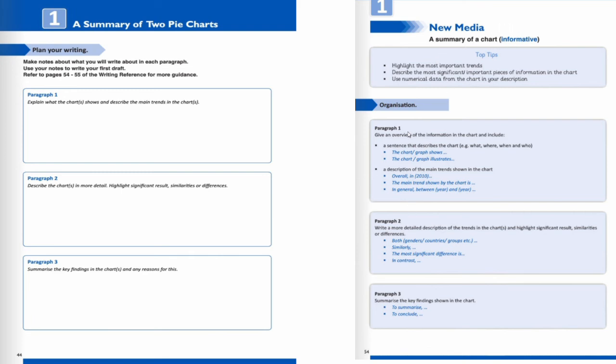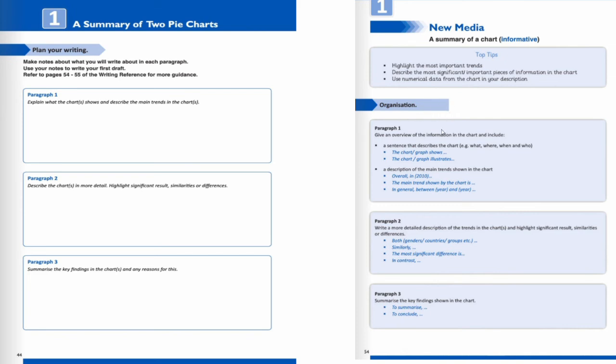This is how to organize it. Highlight the most important trends. Describe the most significant piece of information in the chart. Use numerical data from the chart in your description. Of course, you can use either percentages or numbers.